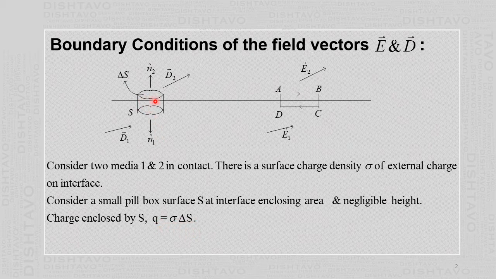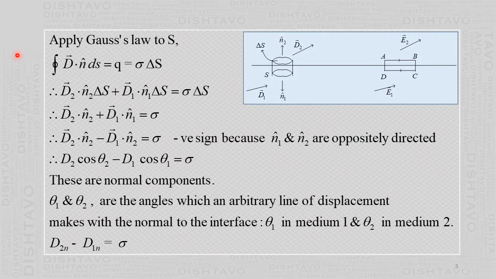So the charge inside is sigma times delta S. Now let us apply the integral form of Gauss's law for dielectrics to this surface S, that means for this pillbox. The height is negligible, so we can neglect it.